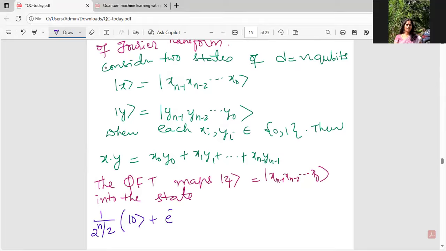Plus e power 2 pi i 0.x_{n-1} ket 1, tensor product with ket 0 plus e power 2 pi i 0.x_{n-2}x_{n-1}.